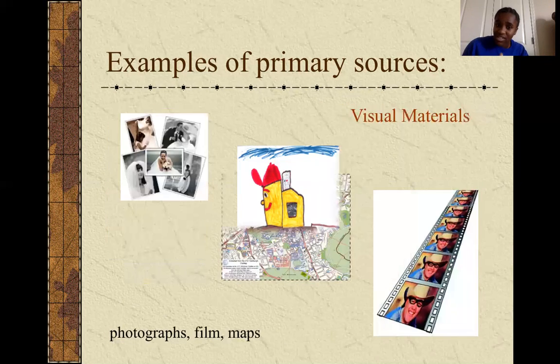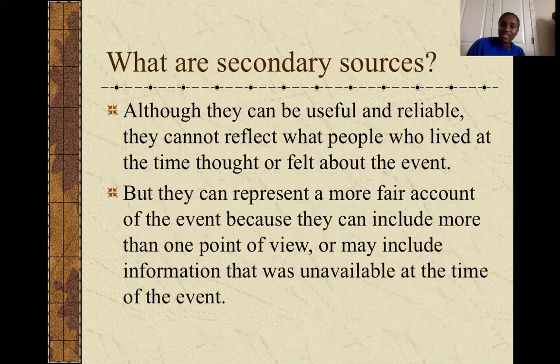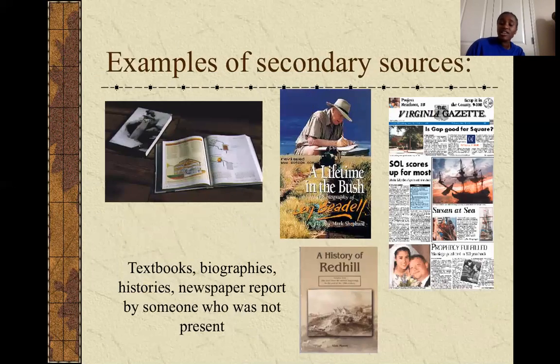Now I can use a secondary source. Don't get me wrong, I can use a secondary source, but secondary sources again are kind of iffy because you don't know who wrote it and you don't know if they're credible or not. But primary sources are usually always better. But if I wanted to get some information from a textbook, textbooks usually do a lot of good research.